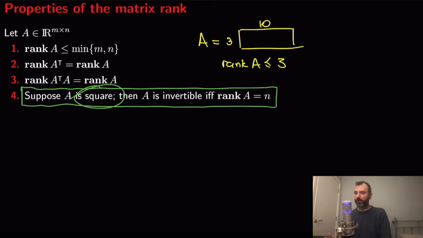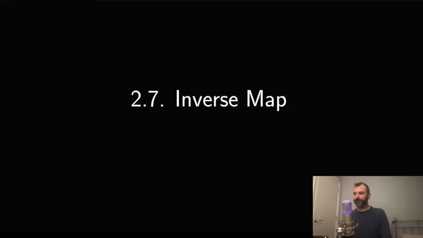This is a super powerful criterion, and usually we have to resort to something like this to tell whether a matrix can be invertible. So once again, for square matrices only, a square matrix is invertible if and only if the rank of A is equal to n, to its size dimension.